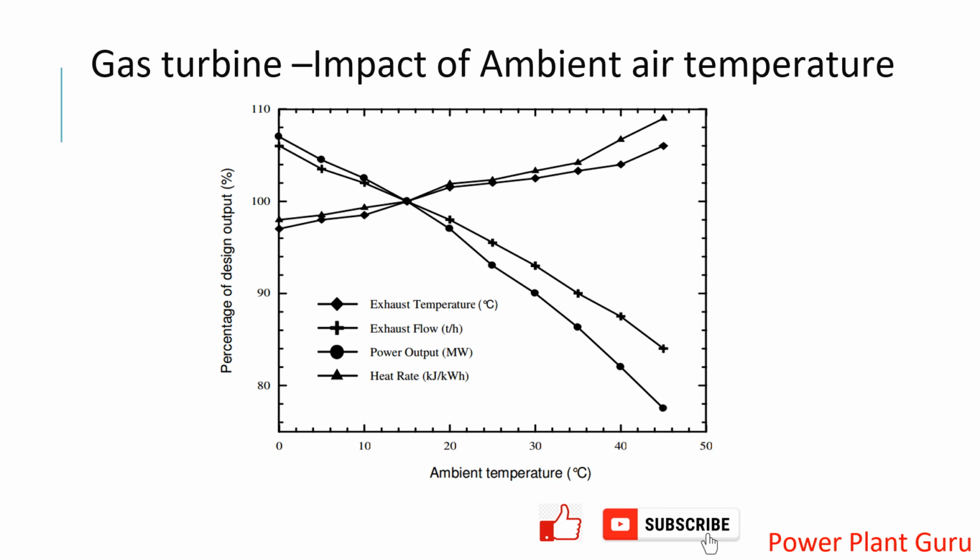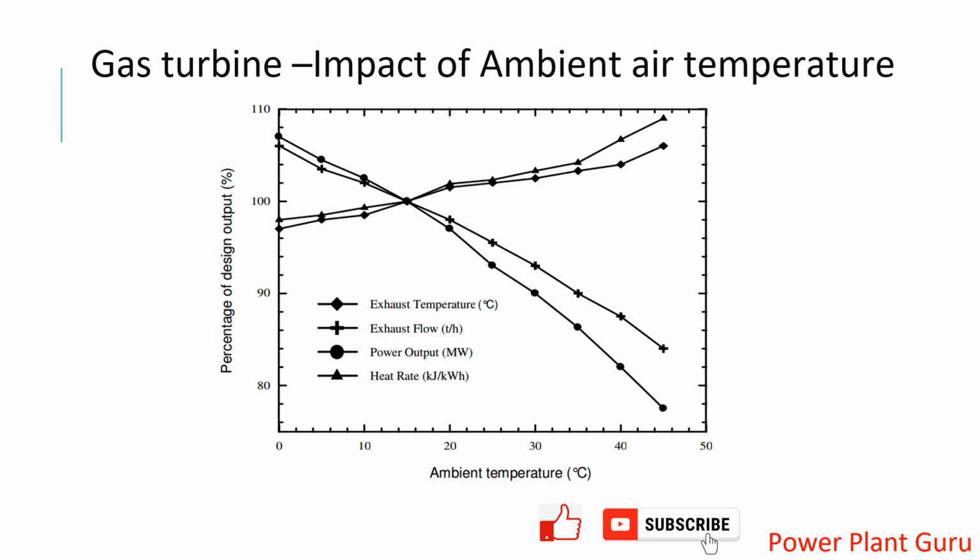Welcome to the new video of Power Plant Guru. I was getting requests to create this video from many users, so that is why we have picked it up. We are going to talk about the impact of ambient air temperature on gas turbine output and performance.